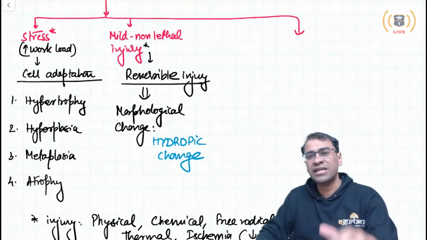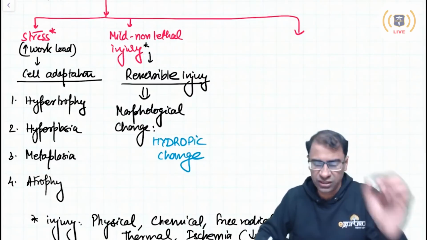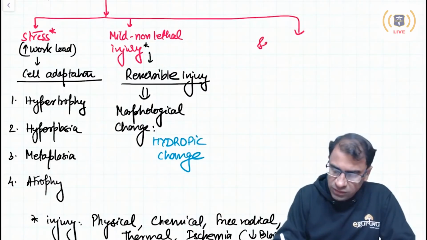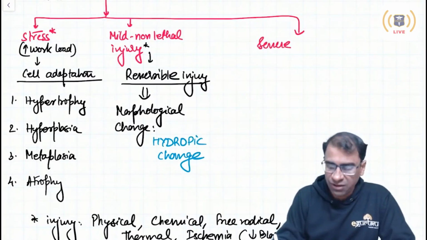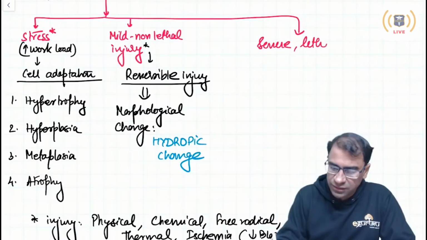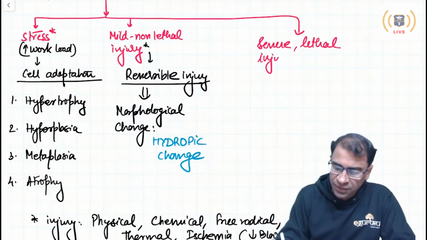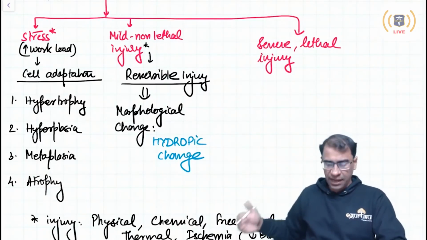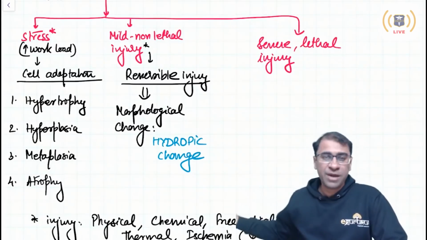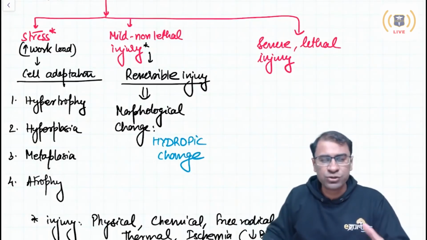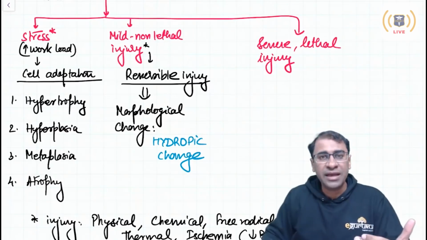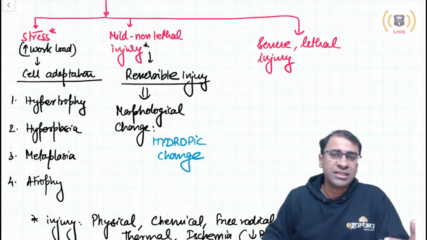What happens if this injury becomes very severe? Suppose the cell undergoes a severe form of lethal injury. So what is a severe lethal injury? The same form of injury, it can be physical, chemical, ischemic, free radical, but to such an extent that this injury becomes irreversible and persistent.